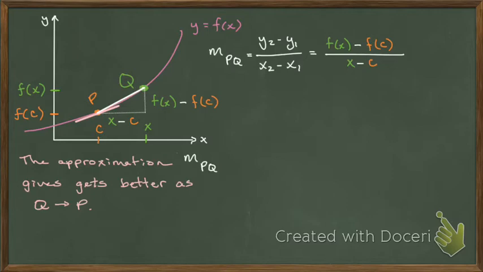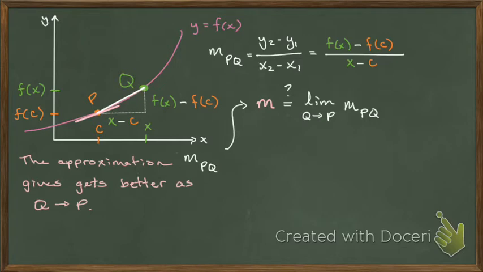But that's a nice informal way to write things, as Q approaches P. What we're really looking for here is as x approaches c. How do I write this? I write the limit as Q approaches P of MPQ. Does that really give me my slope? Kind of. But again, I want this a little bit more explicit.